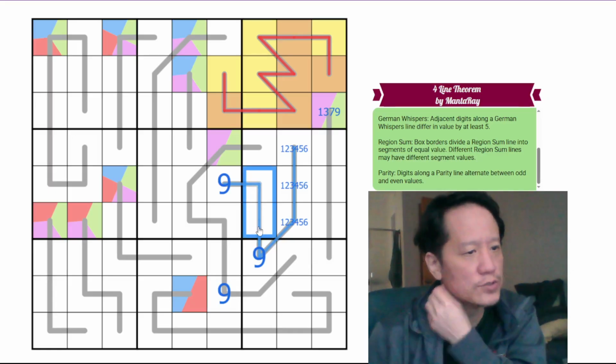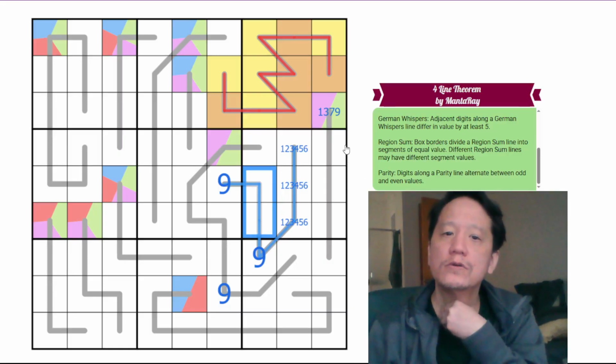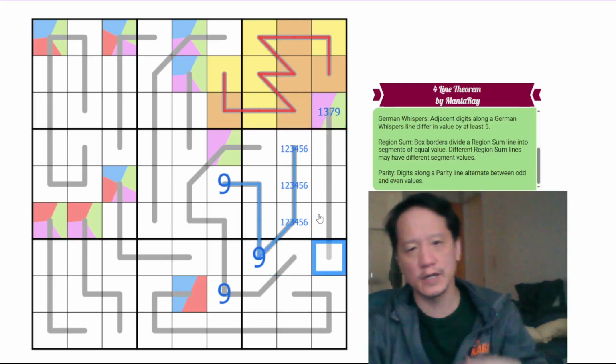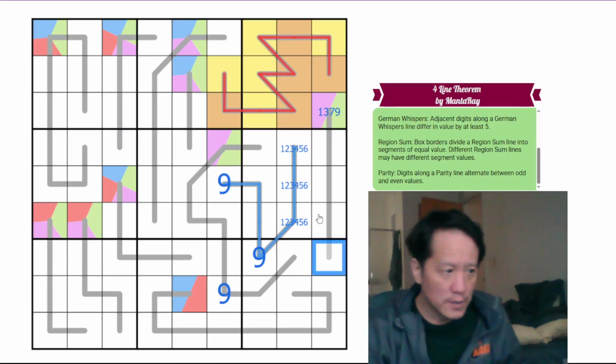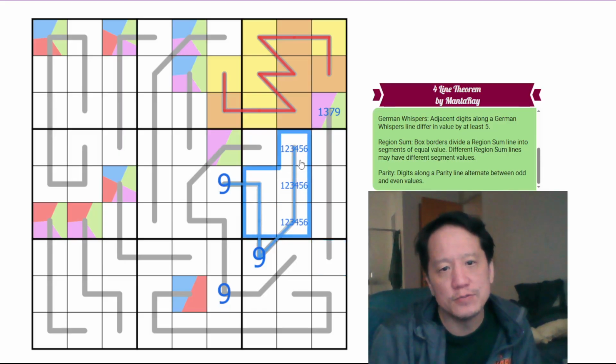This adds up to... So we'd have low, high, low, high, low in some order here. Obviously, this couldn't be 9. This adds up to what, 18?